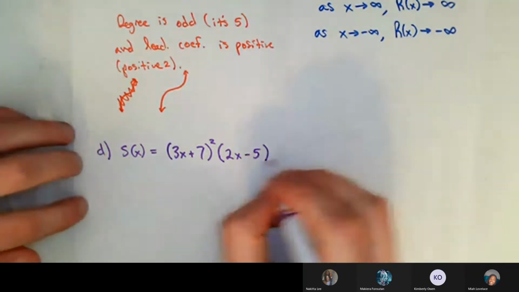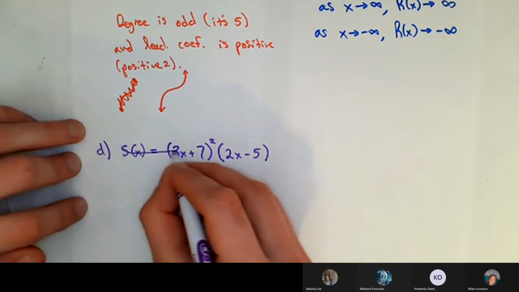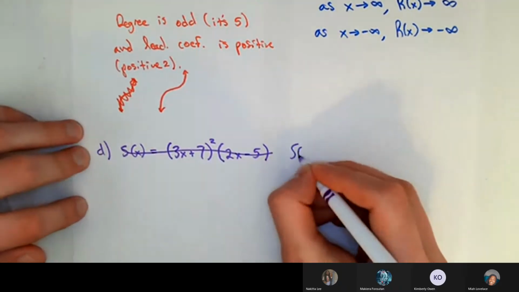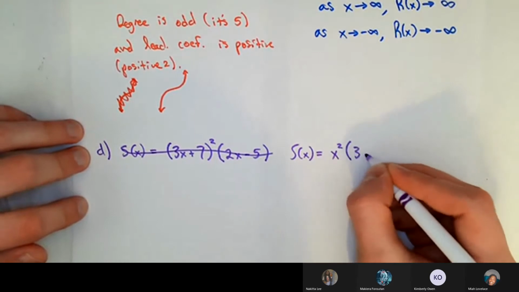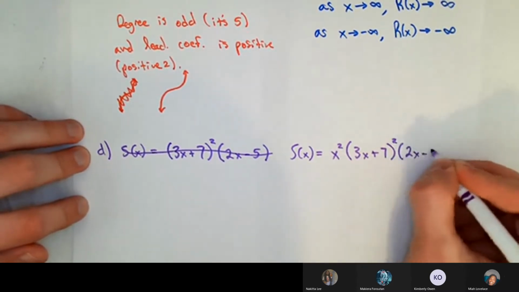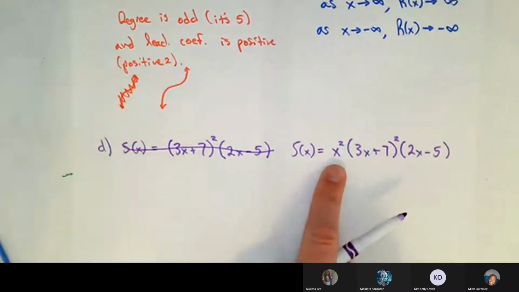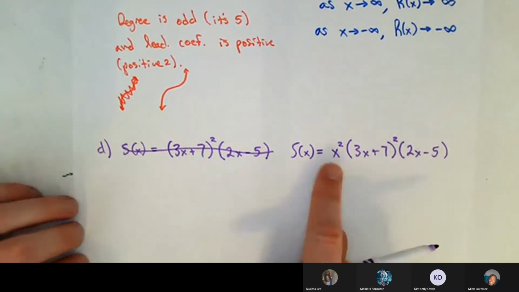Let me add one more thing to it. Let me add an x squared up front. So I'm going to rewrite it: x squared times 3x plus 7 all squared times 2x minus 5. So I added an extra factor of x squared at the front. You could add it at the back as well, but if you see these problems in your homework, a term like this will be up front.